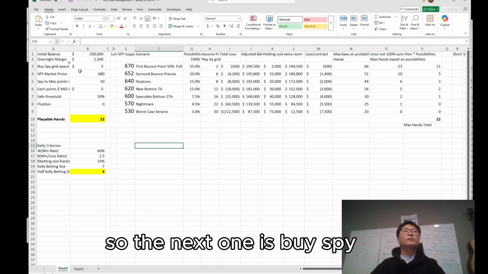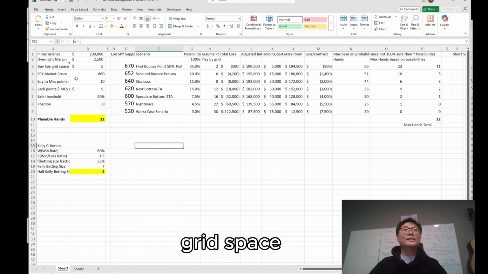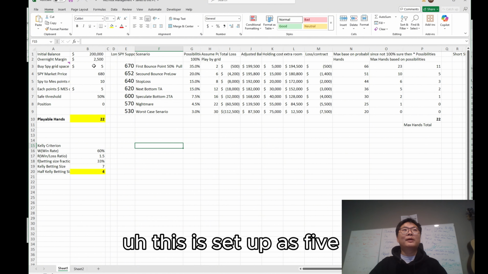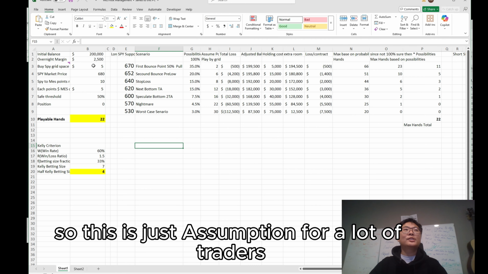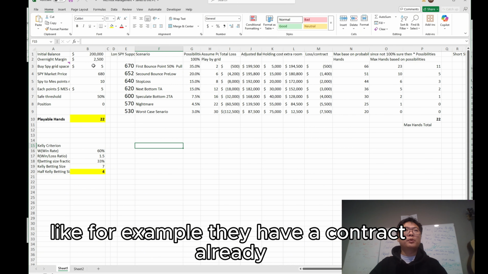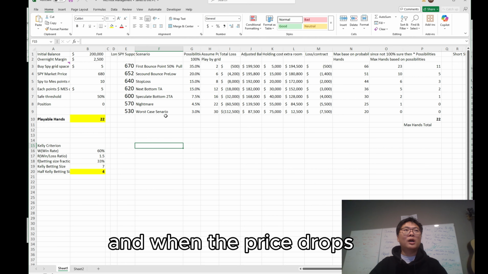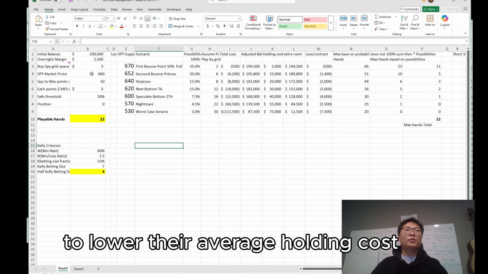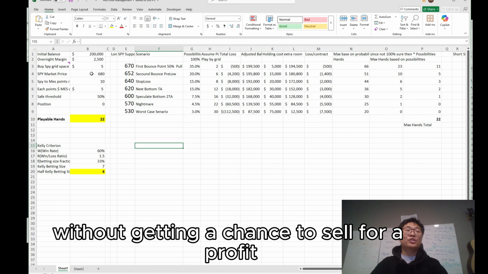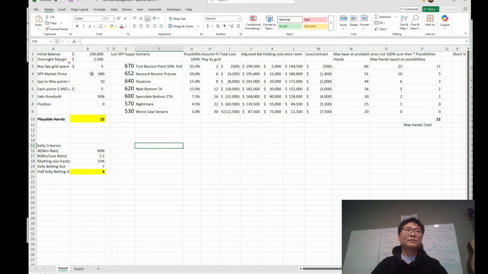Okay. So the next one is the buy SPY grid space. This is set to 5. This might be a little bit confusing. This is just an assumption for a lot of traders. For example, they have a contract already, and when the price drops, they might add another contract to lower their average holding cost without getting a chance to sell for a profit.